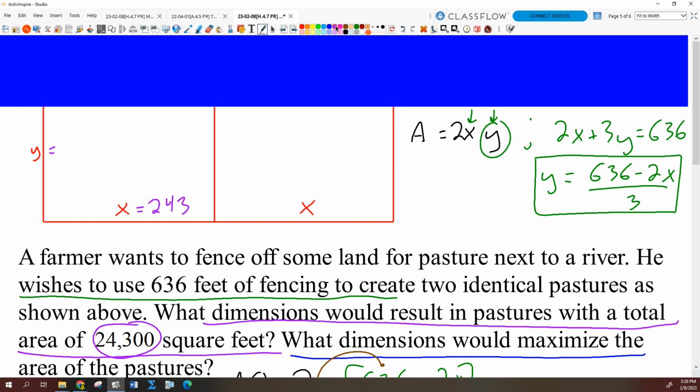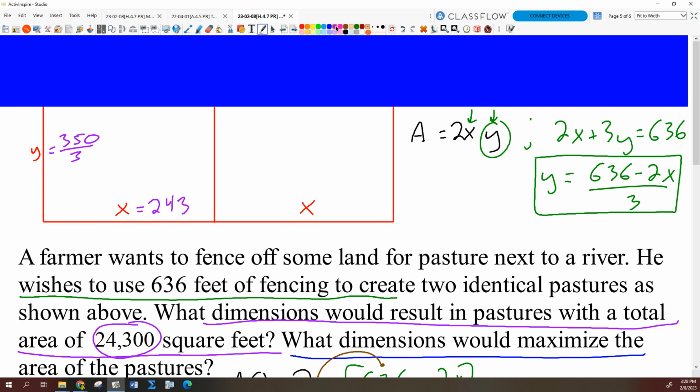Did I mess it up again? 636 minus 286, 350, not 250. So 350 divided by 3. Man, I got to quit doing mental math today. I give up. Uncle. So there's one set of dimensions that would work.